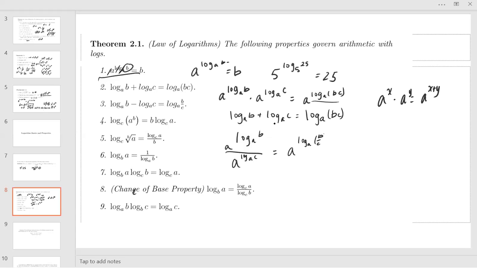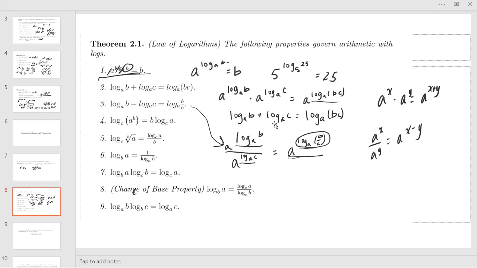So we have this because, again, we use this first property. This is b and this is c, and this is b over c. And you know that a to the x over a to the y is equal to a to the x minus y. So we get this property because we have log b base a minus log c base a is equal to this exponent.